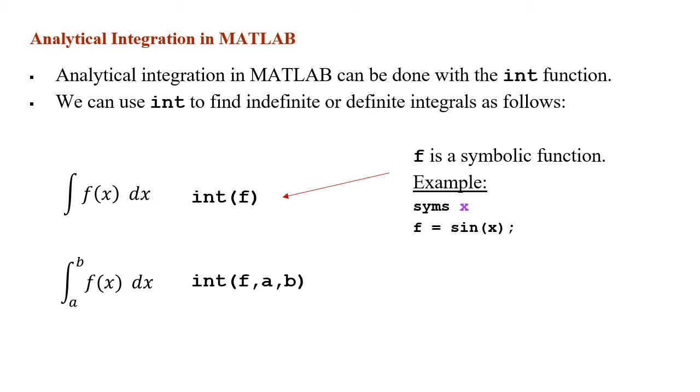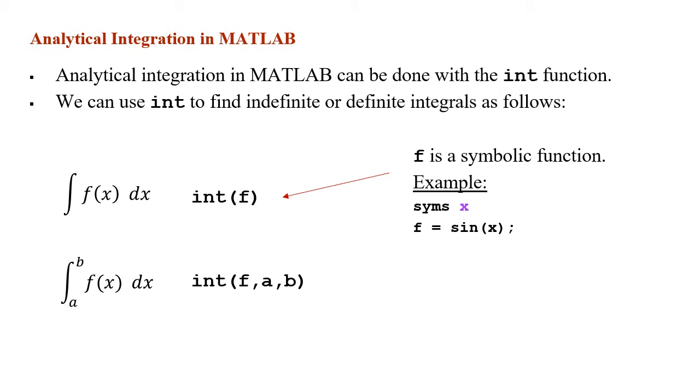Since the function int calculates the analytical integral, that means the input of it must be symbolic. So f here, for example, is a function of the symbol x. So if you want to find the integral of the sine of x, then you need to create a symbolic variable and name it x, and then define f such that it is equal to sine of x.